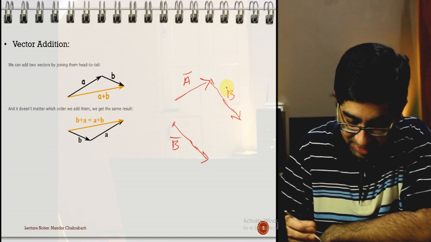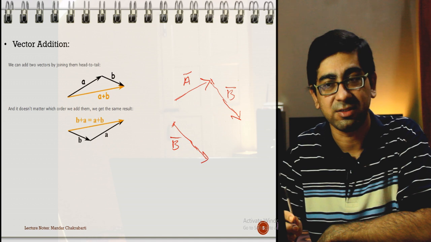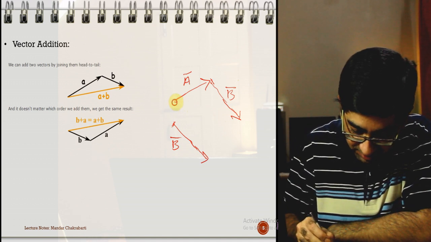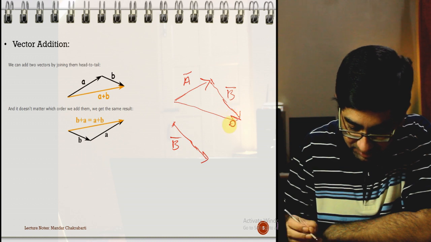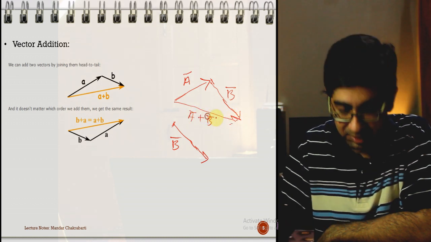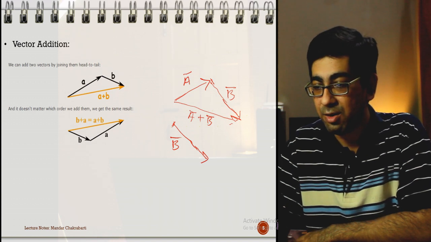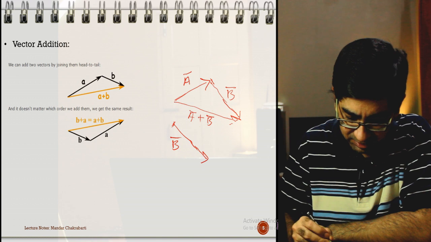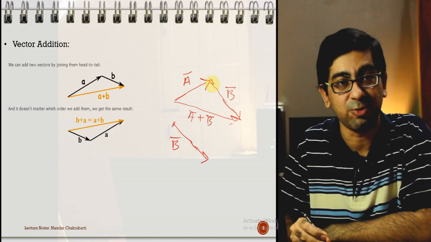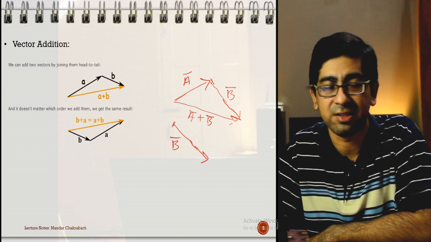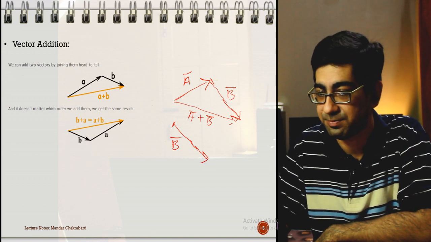Since I have laterally shifted it, it remains the same vector, and the resultant of the addition is in this direction. So this is A plus B. It does not matter whether we take the tail of B and add it to the head of A, or we take the tail of A and add it to the head of B. It's going to give us the same result.